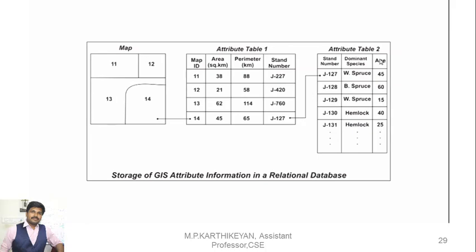This primary key is taken as a foreign key in attribute table 1. So in attribute table 1, the primary key coming from another table is called a foreign key. Can you understand? A foreign key should be a primary key in another table, whereas a primary key is the unique attribute available in that particular table. This is how GIS and DBMS combine together to collect the data in an efficient manner. Is that clear?